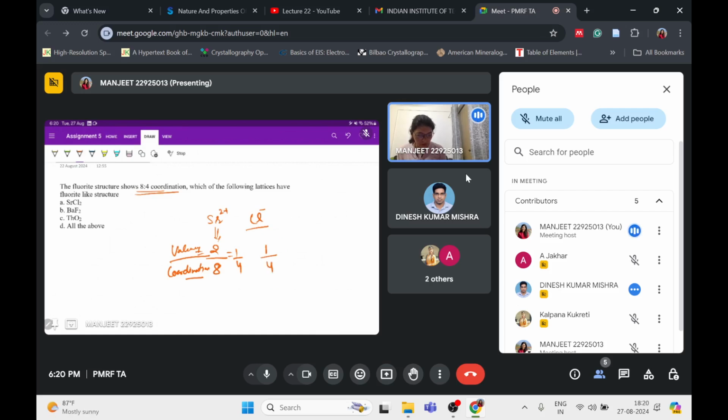So SrCl2 is a lattice having the fluorite-like structure. If both are equal for the cation and anion, then they will have the fluorite-like structure.